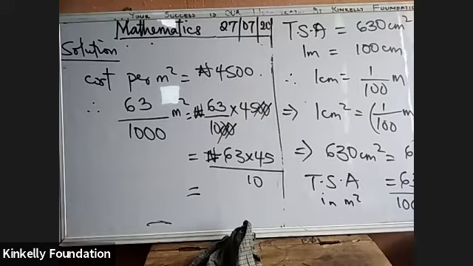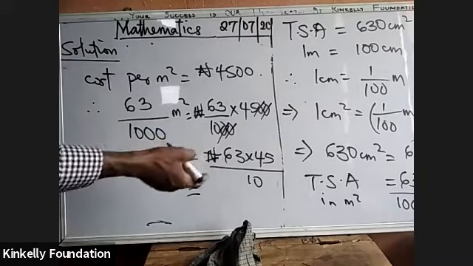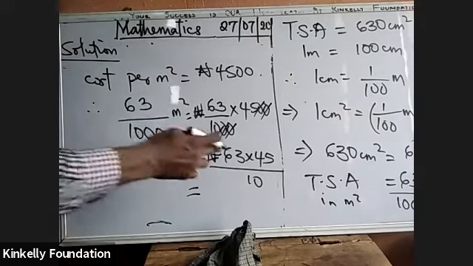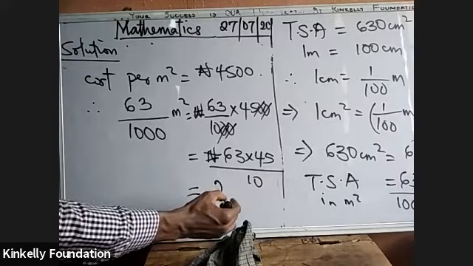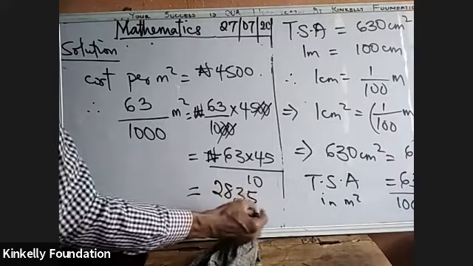So 63 times 45 will give us 2,835 over 10.